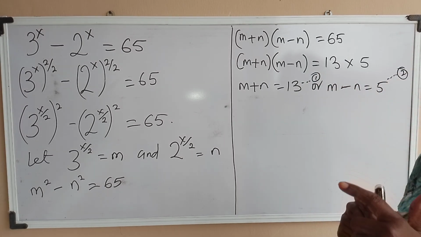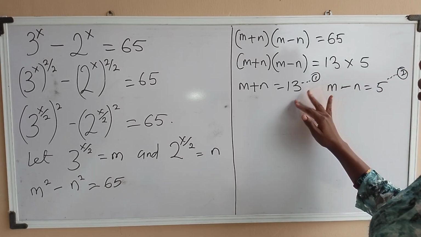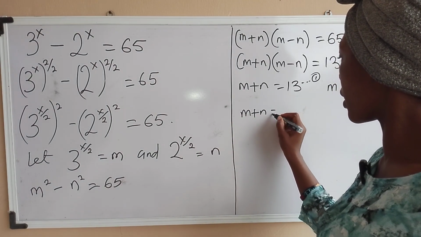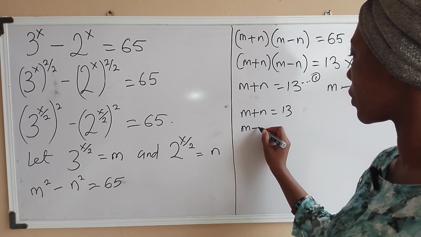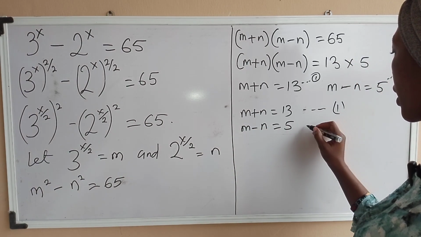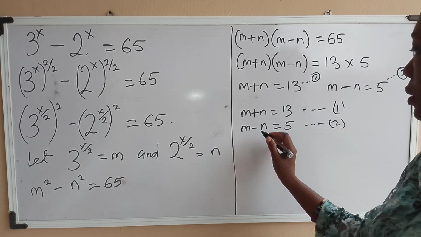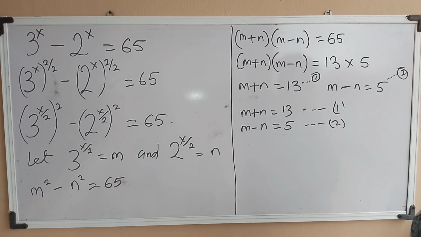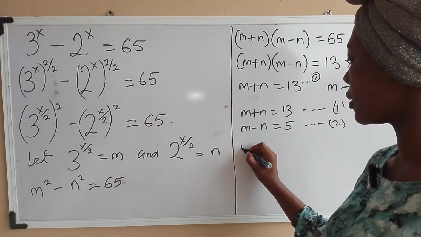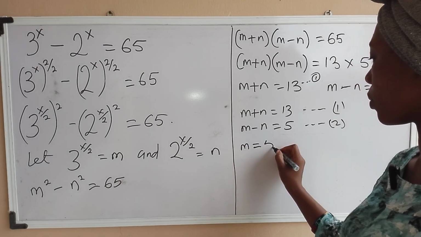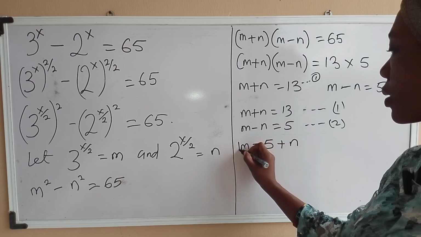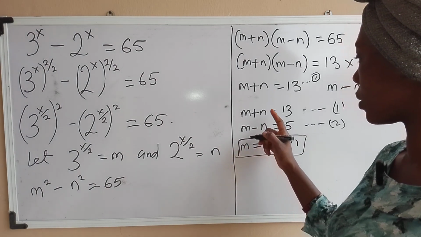So this will result in a simultaneous equation: m plus n equals 13, m minus n equals 5, equation 1 and equation 2. Let me make this one subject of formula. I'll make m subject of formula, so it will be 5 plus n when this one comes to this side. So this is what I'll be using to solve.